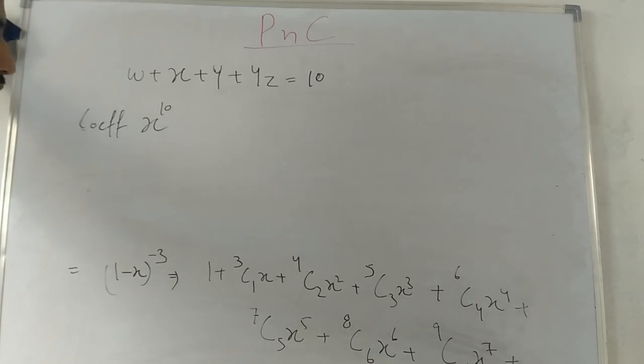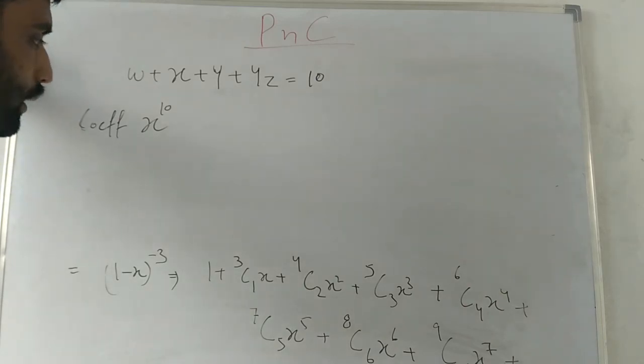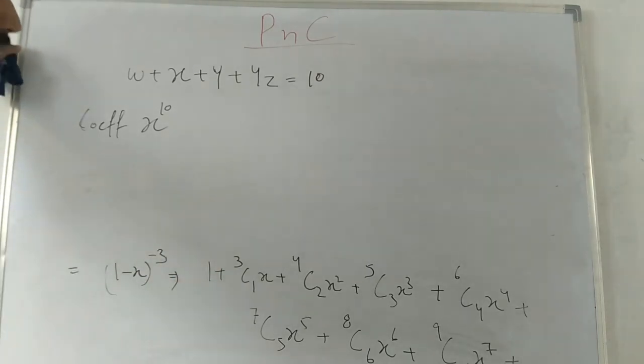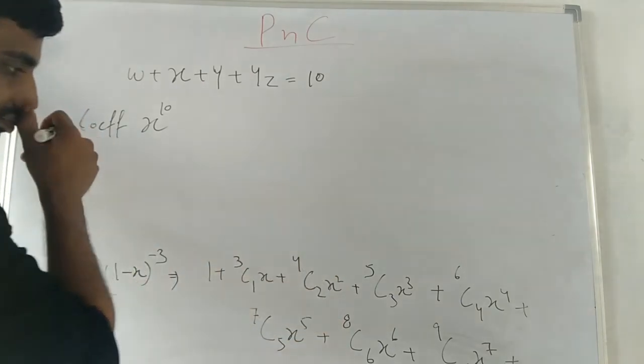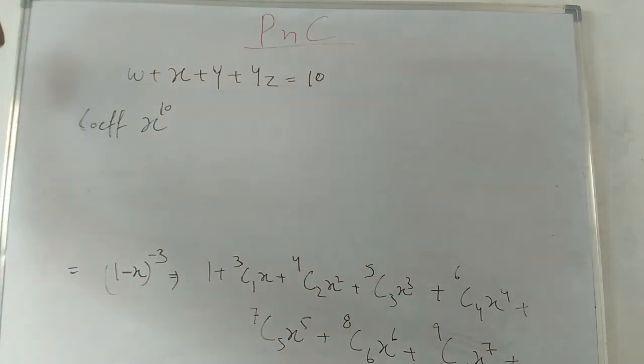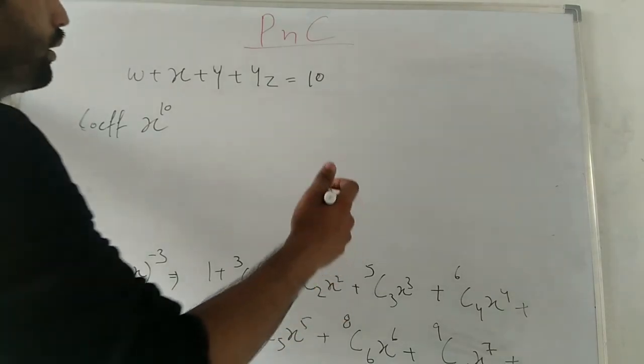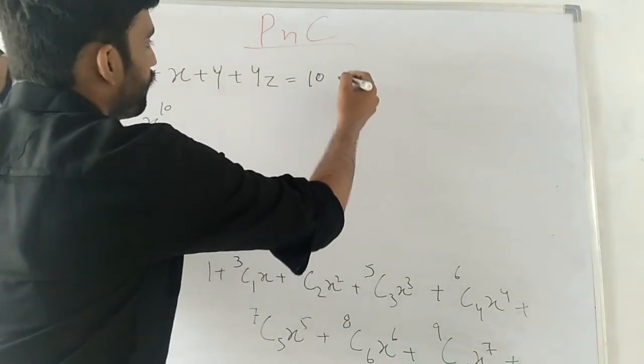Okay, so the power 10 can come from 8 plus 2, and we have the earlier GP.